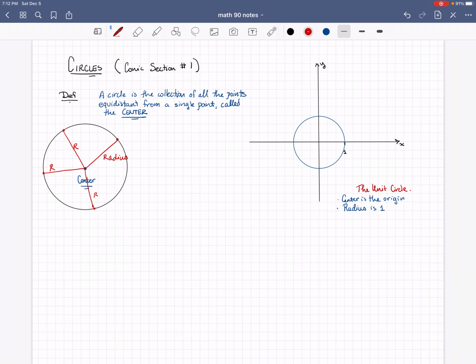So let's find the equation of the circle.